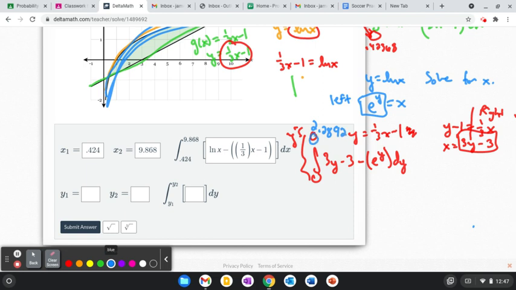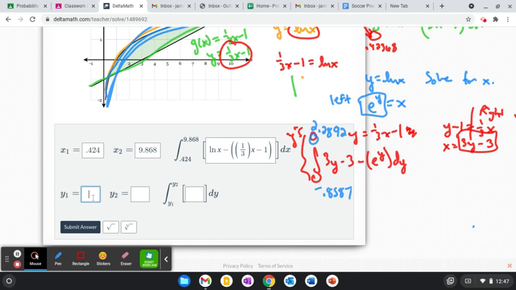My lower limit, I just need to do that real quick. You don't need to retype anything in your function, just type it in like that. The y coordinate there is negative 0.8587. So now I can go ahead and type this in.